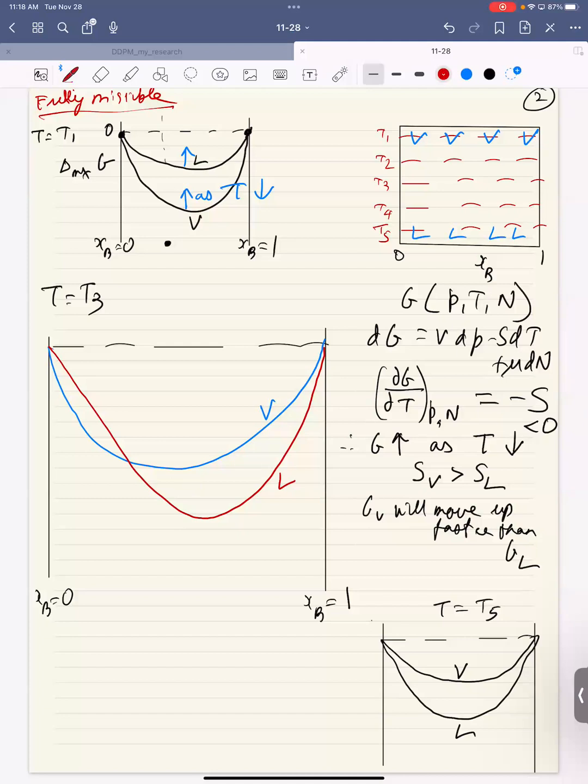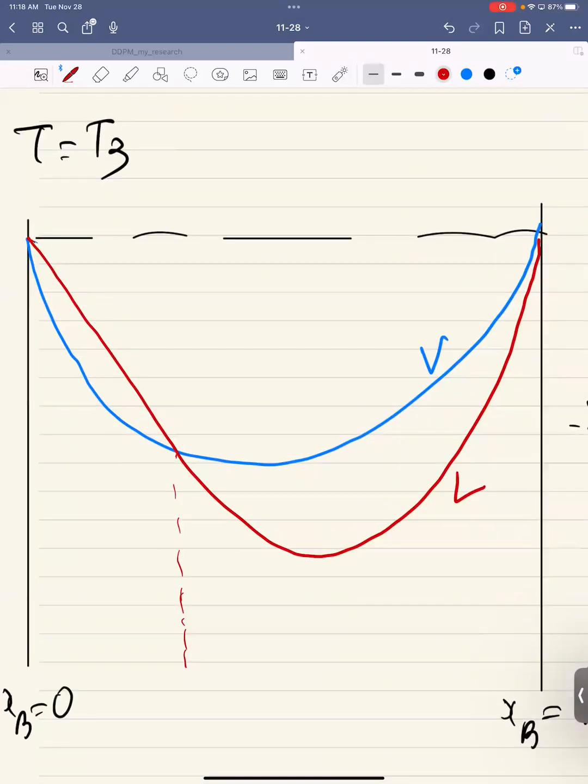So now my question for you is, and I have to zoom in here, because we are going to look at it carefully. So this is liquid and this is vapor.